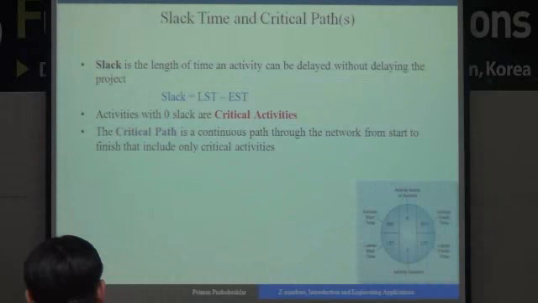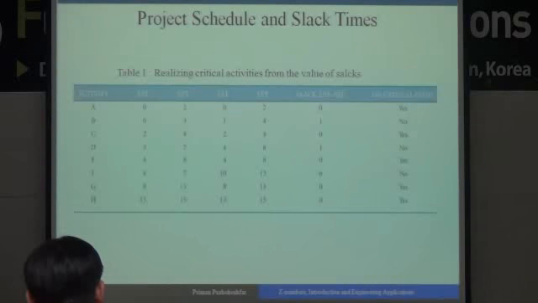By calculating all of the values, we can find the slack for each activity, which is latest start time minus earliest start time. Activities whose slack value is equal to 0 are named critical activities, and the path is named the critical path.